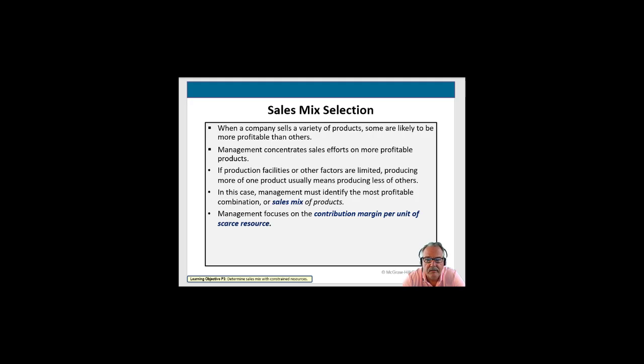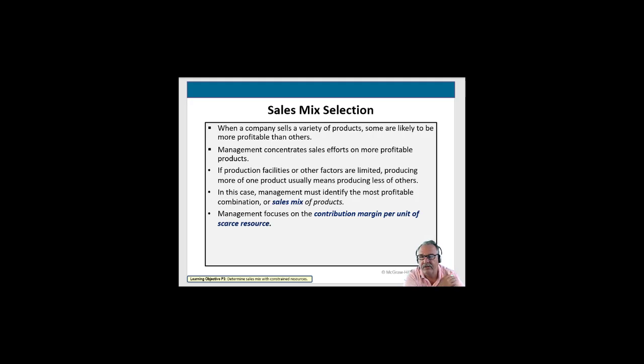If we make Snickers and Milky Ways and Three Musketeers, and they all use the same machine, we need to figure out how many Three Musketeers we should make versus Snickers versus Milky Ways in our plant, and that's all based on contribution margin per unit of the scarce resource.